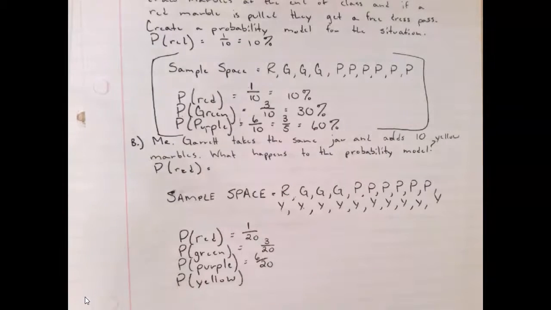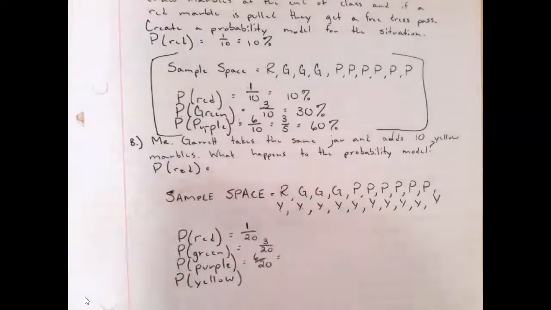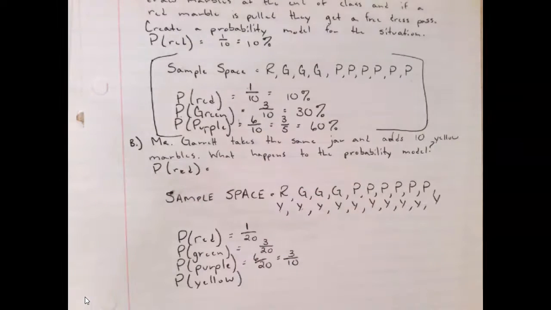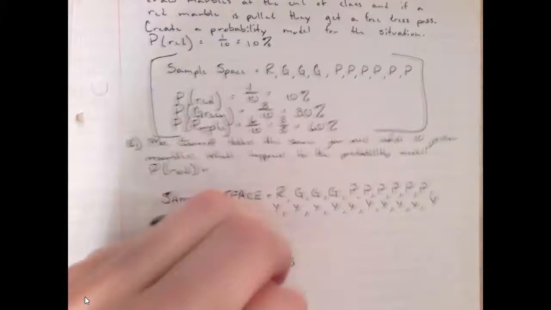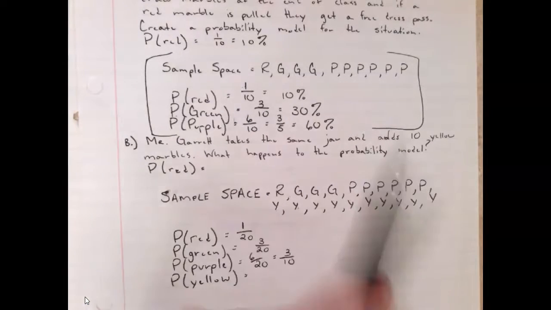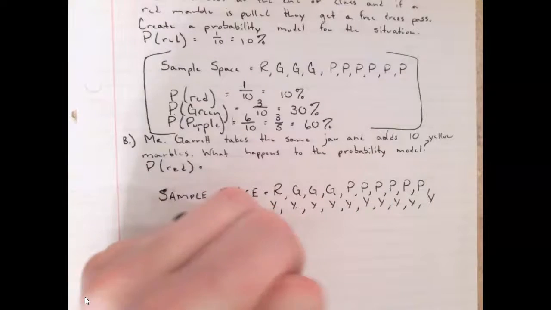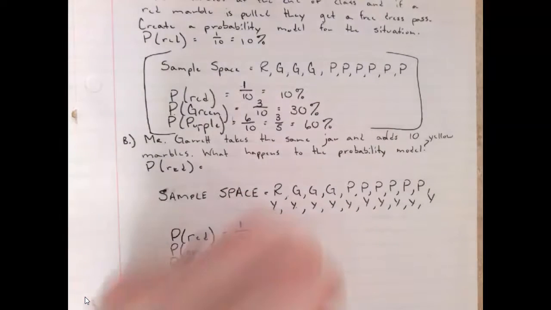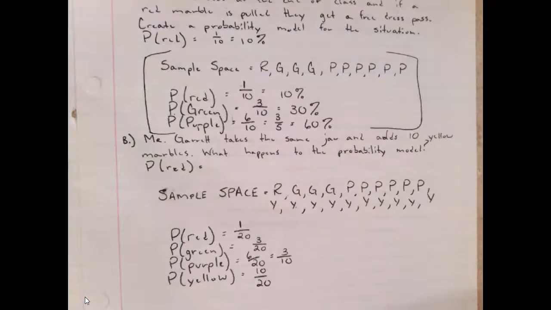And this fraction can also be simplified. Divide my numerator and denominator by 2. We get 3/10. And last but not least, yellow. How many yellow marbles do I have? I have 10. How many total in the jar? 20. So my probability here, 10 over 20, would be 50%.